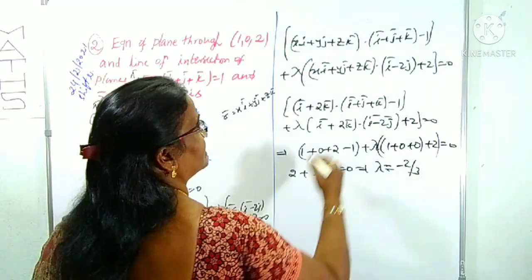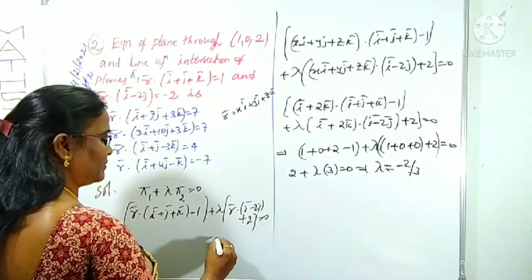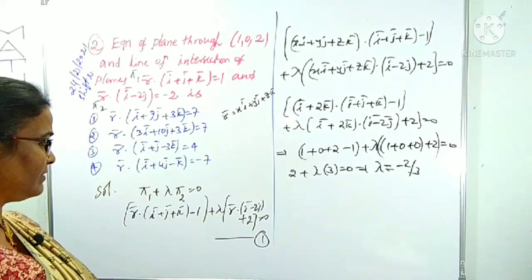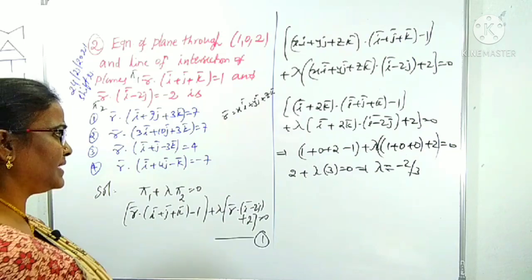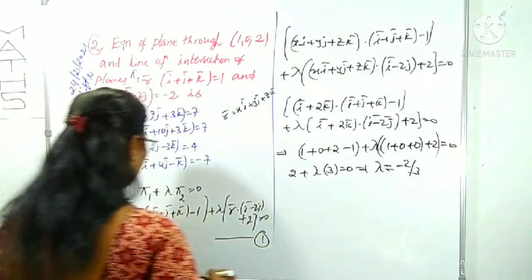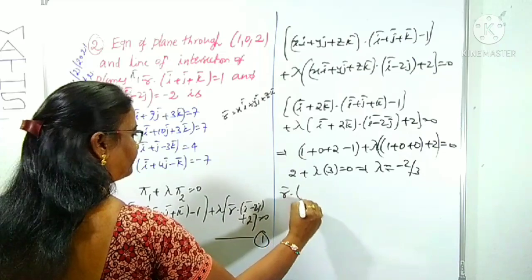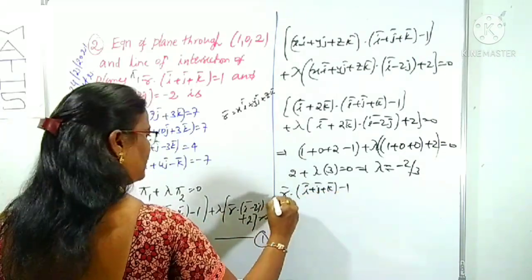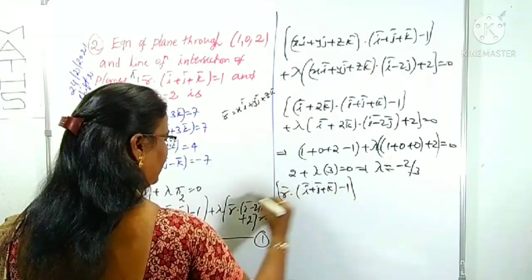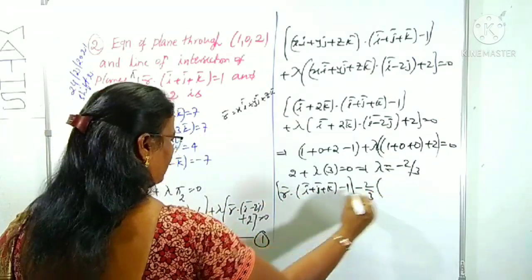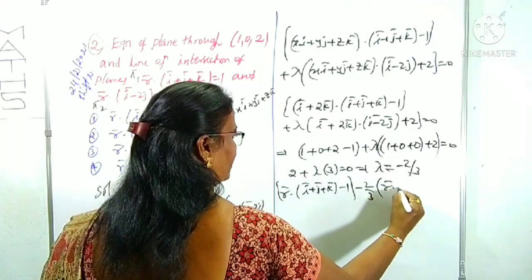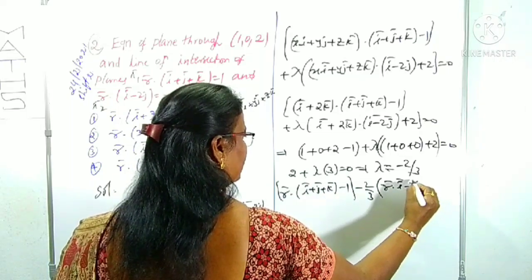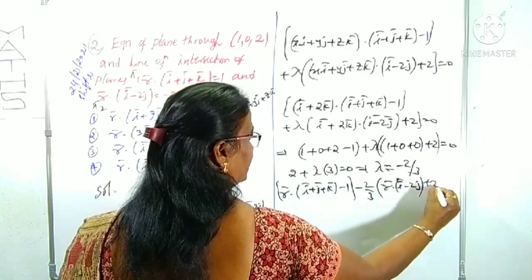If you take this as equation 1, here I will substitute lambda, because he has given the options in terms of r only. So in place of lambda, substitute minus 2 by 3. By the substitution, R dot (i plus j plus k) minus 1, plus (minus 2 by 3) of (R dot (i minus 2j) plus 2) is equal to 0.